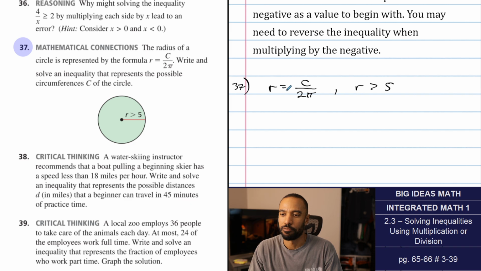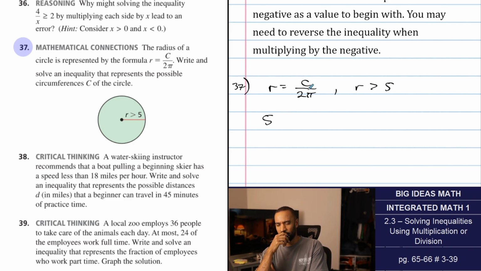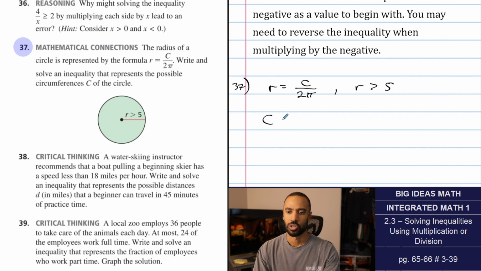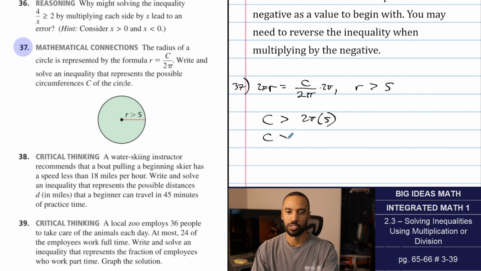If r is greater than 5, then the circumference is greater than 5 times 2 pi. So circumference is greater than 2 pi times 5, which is 10 pi units there.